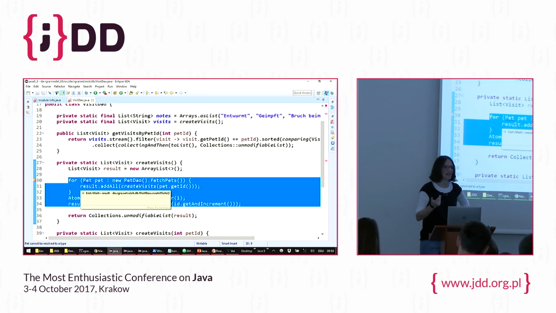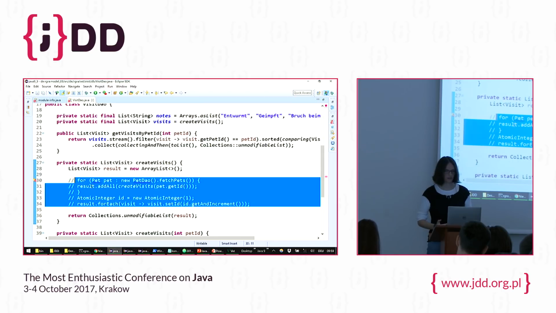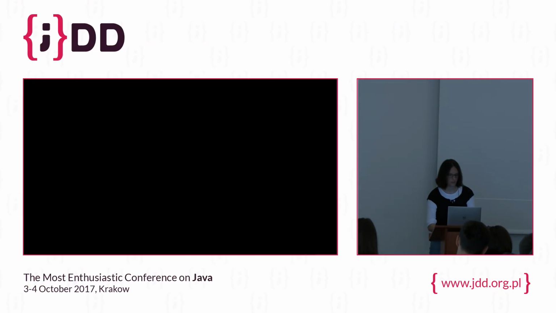The visits did access something in the pet. We can't do that anymore because it's not in our same module anymore, and we don't want to have a dependency to the pet because we want to replace it. So this sometimes happens during refactoring, and for now we just comment it out, right? And we probably put a to-do over here to actually remember it in a later refactoring step, that we have to think about what we can actually do about it.